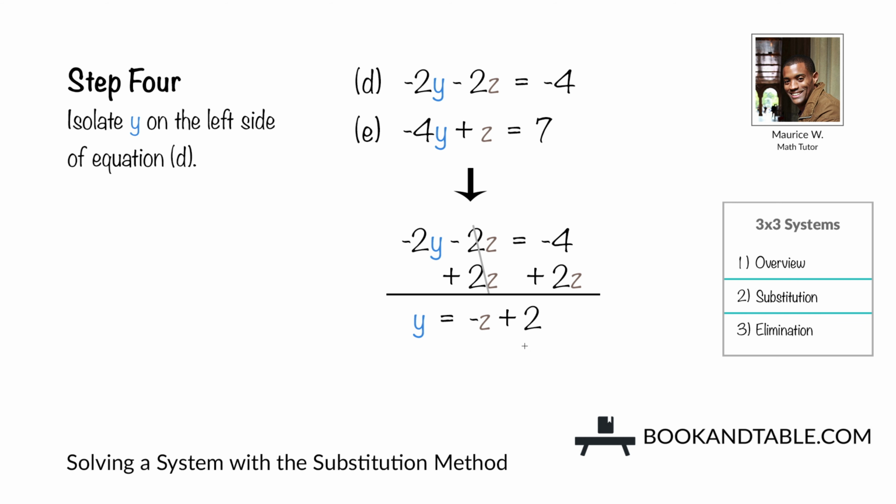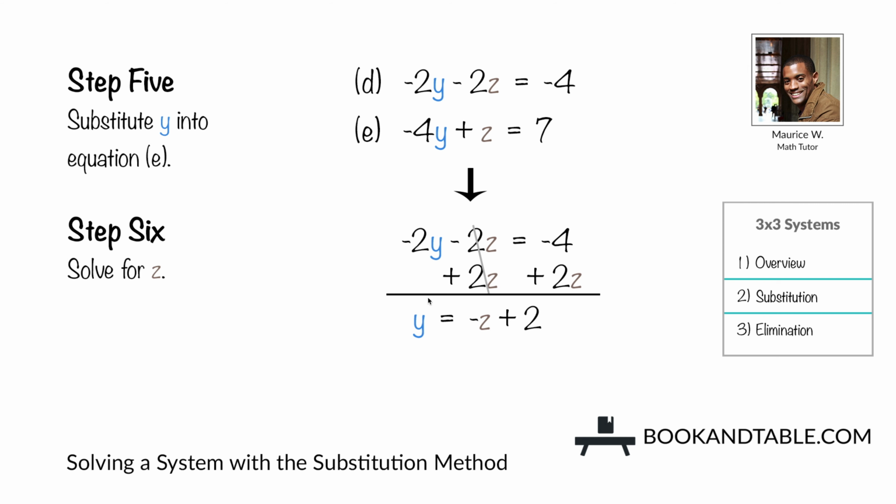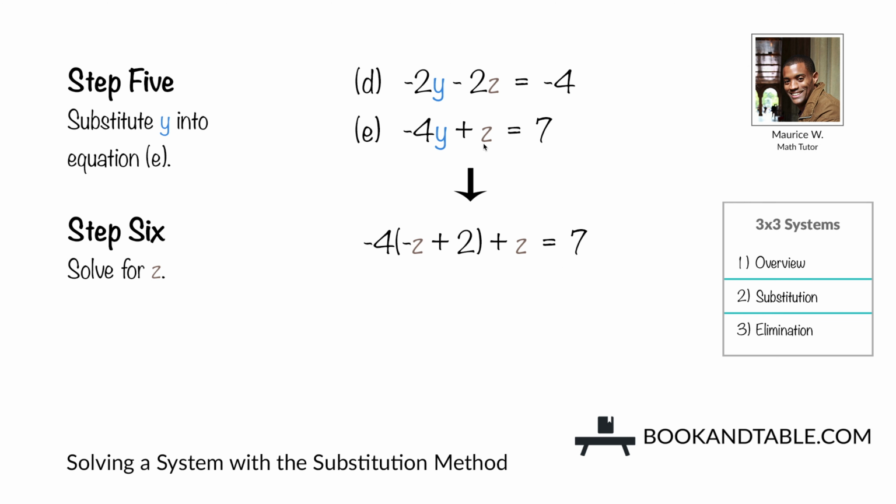So now step 5, substitute y into equation E here, and then solve for z. When we plug in negative z plus 2 for y, we get negative 4 times negative z plus 2 plus z is equal to 7. So now we only have z, so we can solve for z. But first we want to distribute the negative 4.